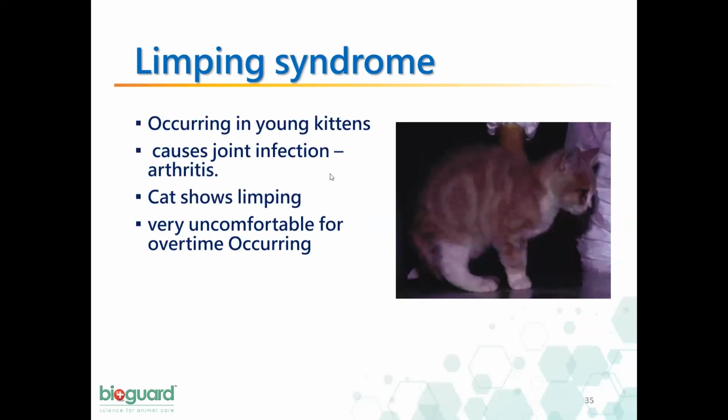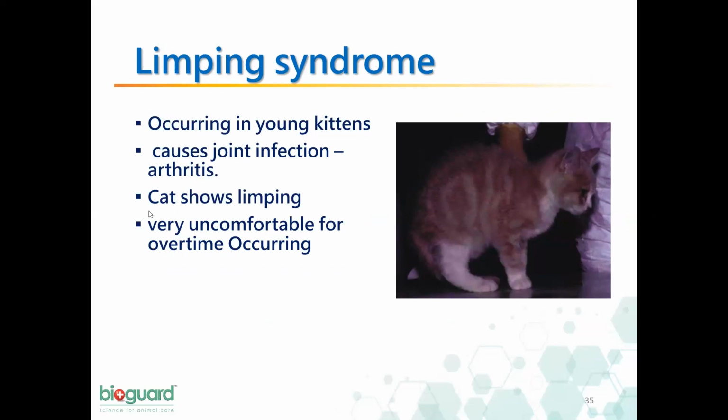Other than that, as I mentioned before, there is a very special limping syndrome also occurring in calicivirus infection in cats, especially in young kittens, because it can cause arthritis in the kittens.